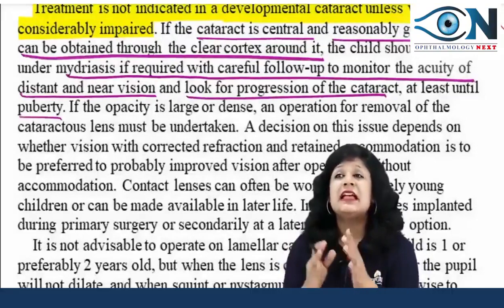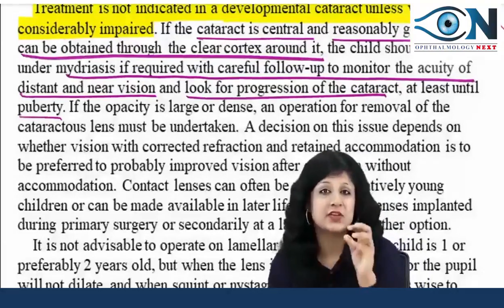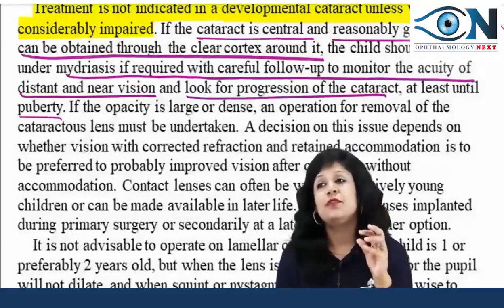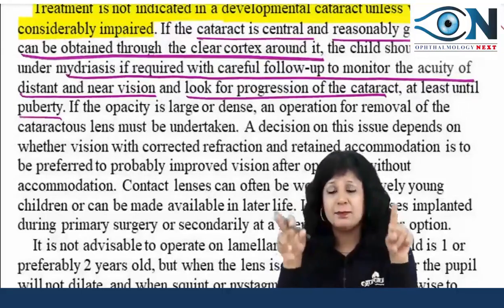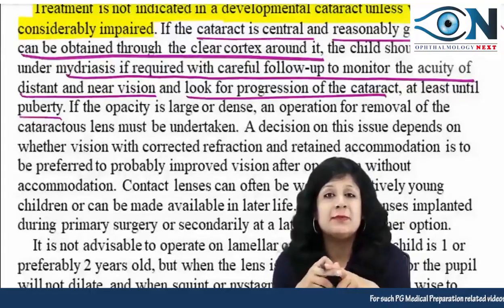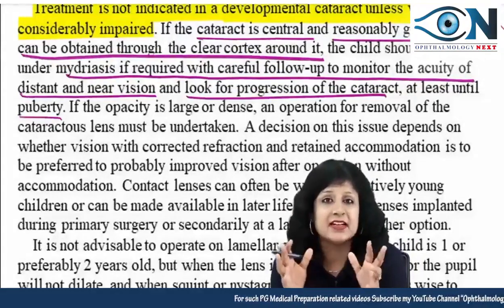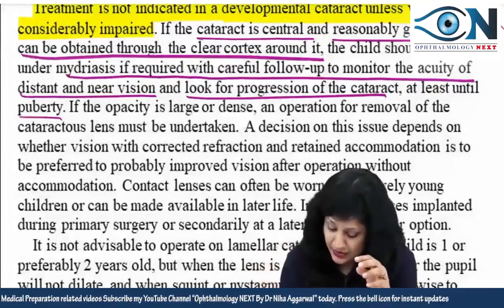Now, they are saying that if the cataract is just in the central area, we can hope for reasonably good vision from the periphery, from the clear cortex. So what you can do is keep the pupil somewhat dilated so that the baby can see through the peripheral area, right?